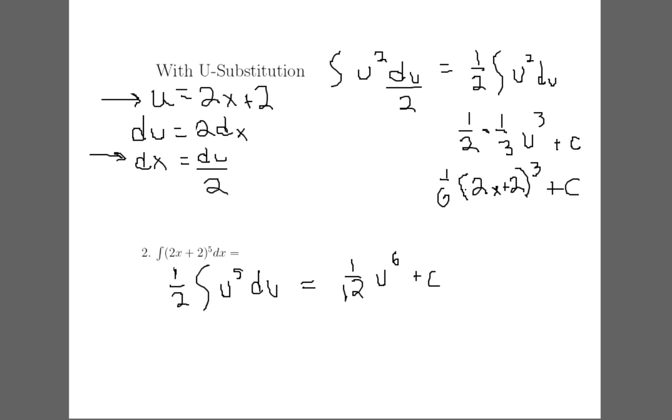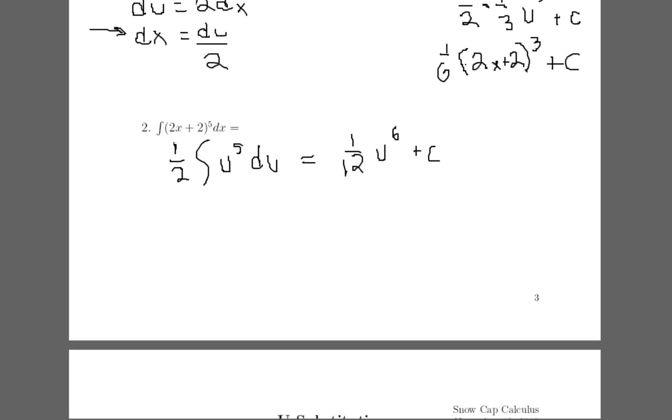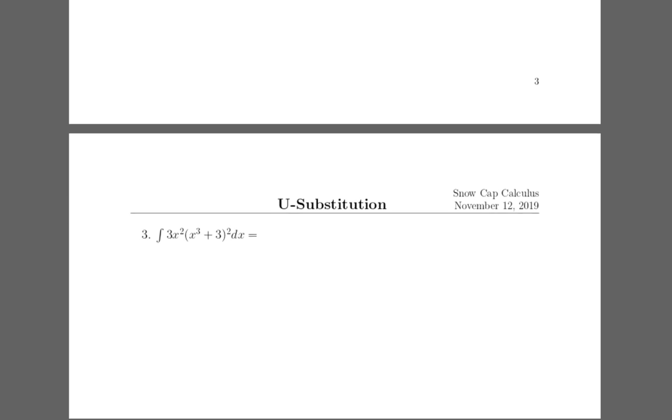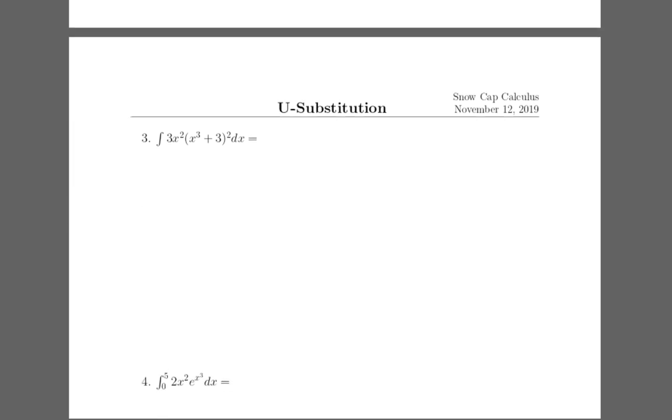So that's a lot more simple. It's a lot more straightforward and simple than multiplying 2x plus 2 by itself 5 times and then integrating that whole crazy expansion. All right, so we'll just go ahead and do a couple more examples of U-substitution, get some good practice in.